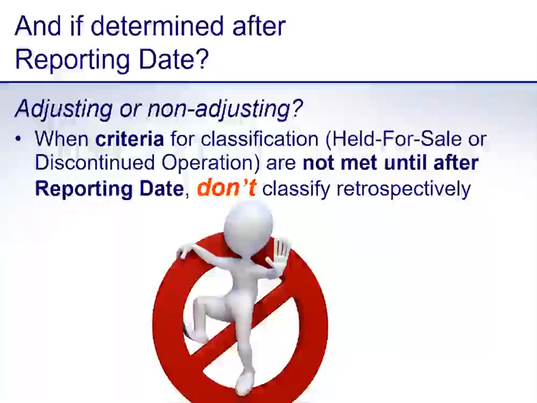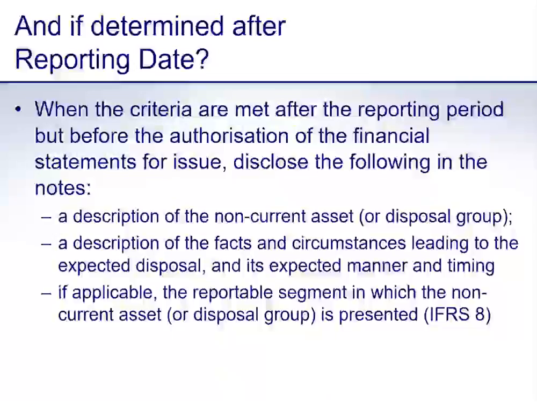What you may find yourself with is a situation where, if the criteria are met after year end, but before the financial statements are authorized for issue, then in that situation, we'll be required to disclose, as part of the notes to the financial statements, what the non-current asset or the non-current assets or the disposal group that we're looking at are, the facts and circumstances that led to your decision to dispose of the asset.